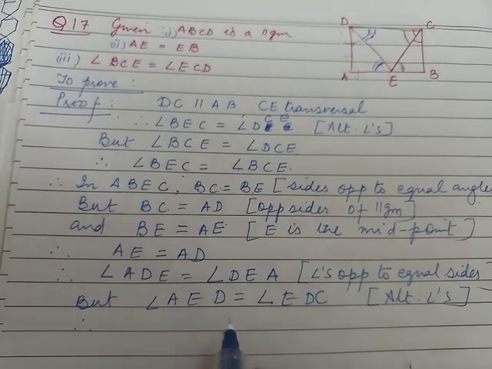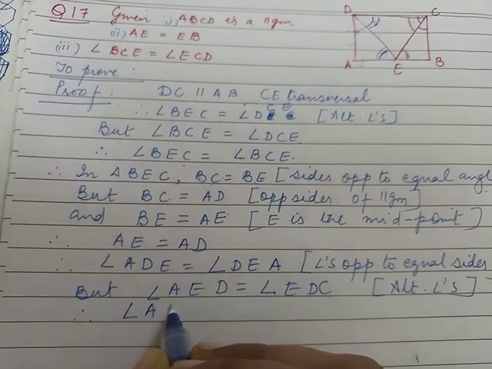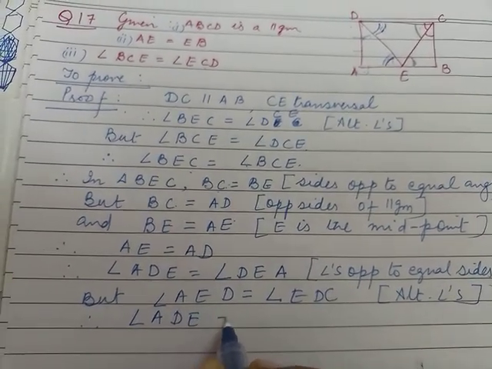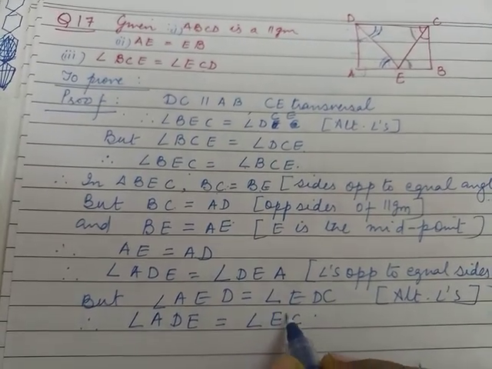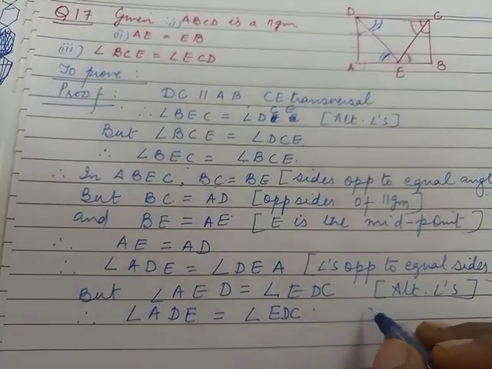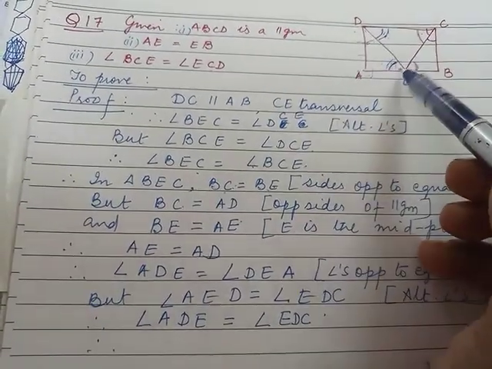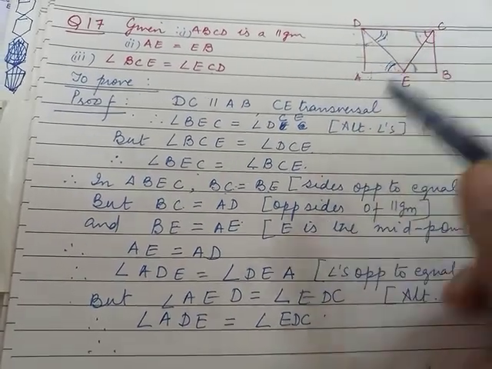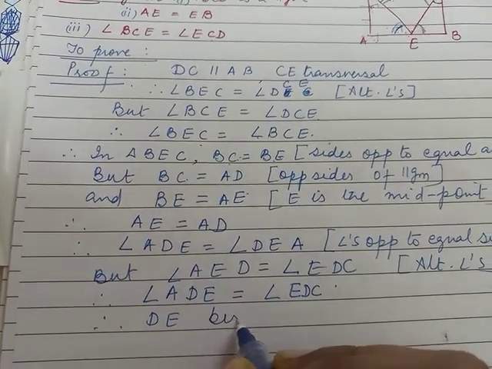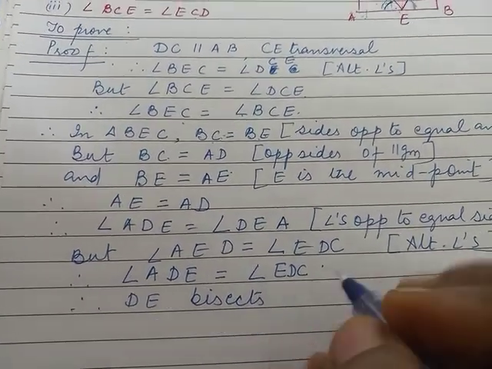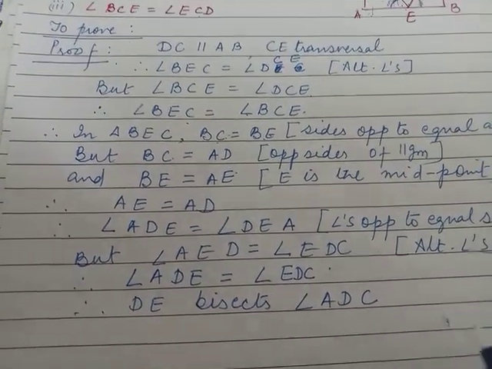Therefore, from above two, we conclude that angle ADE is equal to angle EDC. Therefore, we'll write DE bisects angle ADC. Okay.